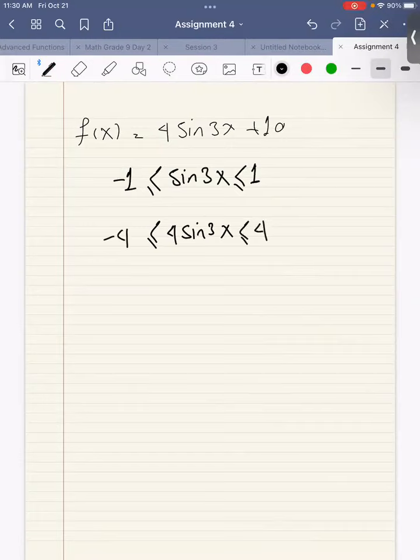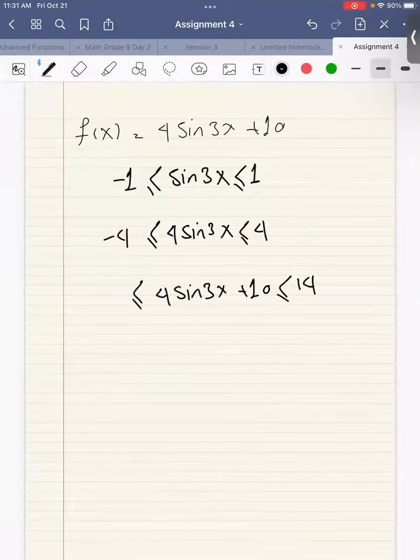And if you add 10, 4 sine of 3x plus 10 is less than 14 and greater than what? If you add 10 to this inequality, 6. So the minimum point is 6, the maximum point is 14.